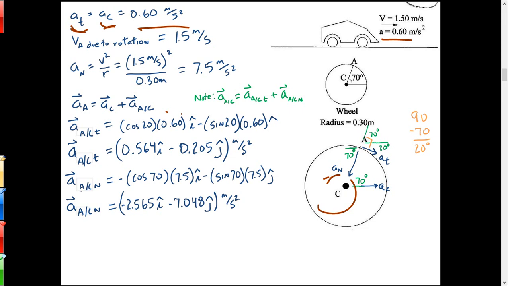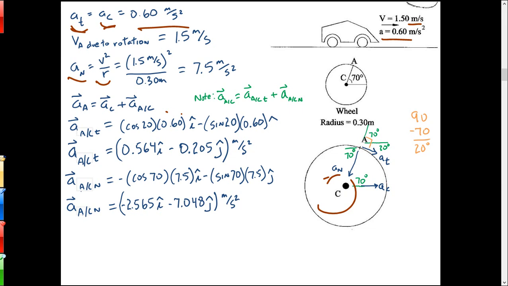Now we also want to find the normal acceleration of a point on the perimeter, and that's v squared over r. The velocity of the vehicle is 1.5, so the normal acceleration will be 1.5 squared over the radius, 0.3, and that'll be 7.5.